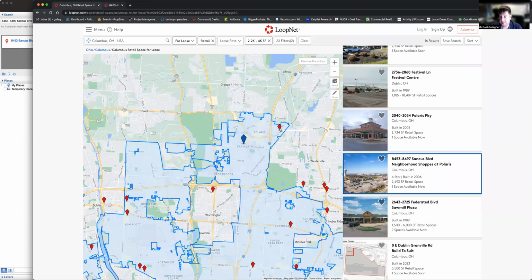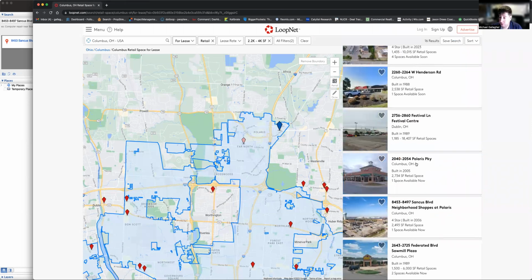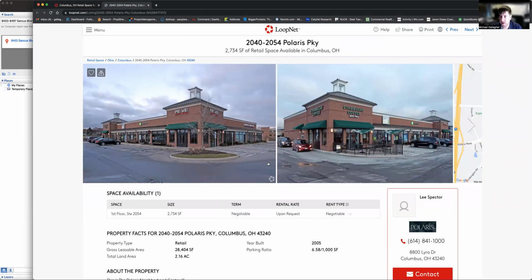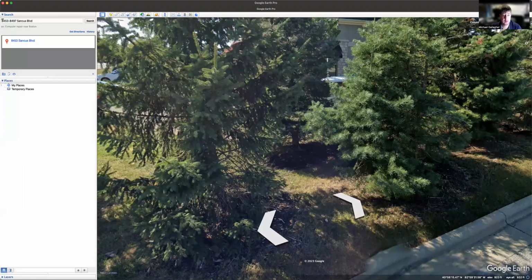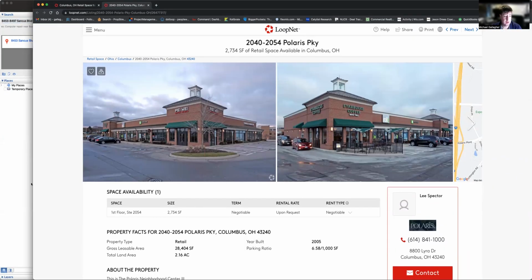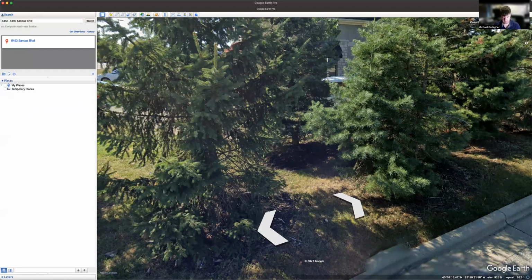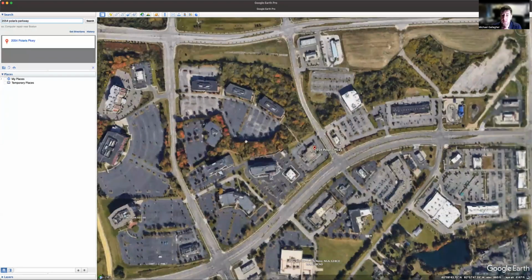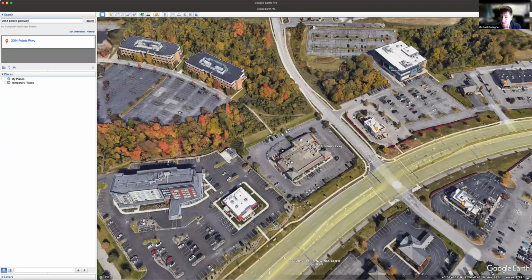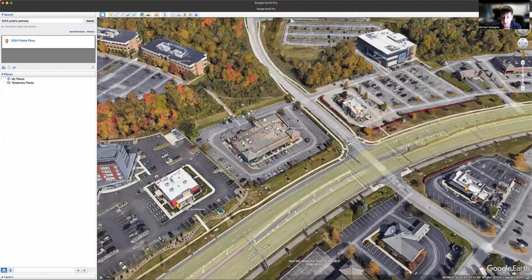Next option up here near Polaris is Polaris Parkway, Payway Asian Diner Roll Suite 2054. Whoops, hold on. 2054 Polaris Parkway. Let's go around the side here, see what we're dealing with.